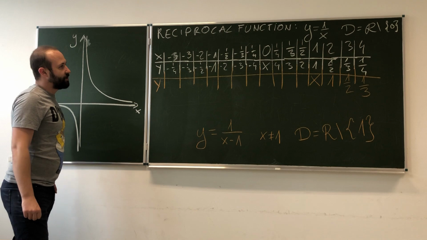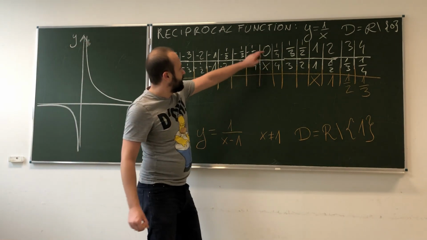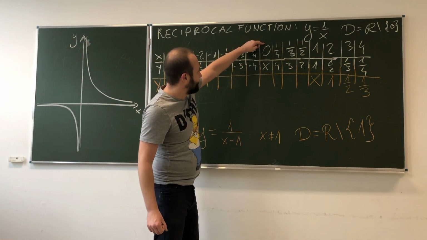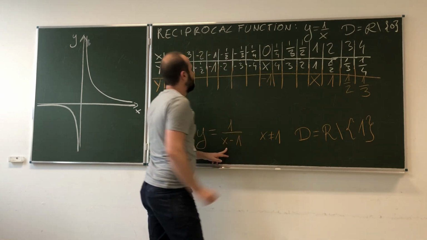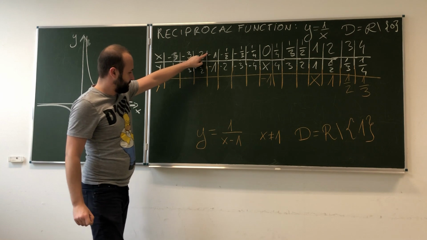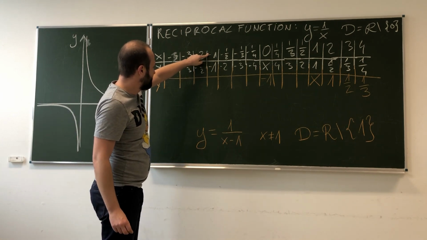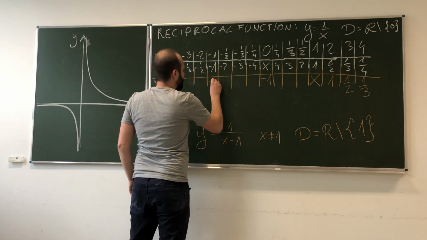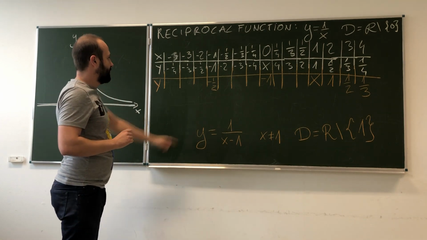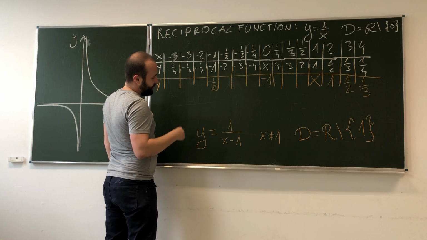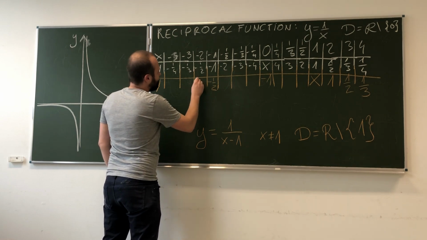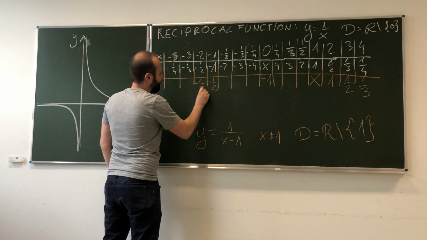Okay, let's check a couple other points. If x is 0, we've got negative 1. If x is negative 1, we've got negative 1 over 2, right? If x is negative 2, we will have negative 1 over 3.